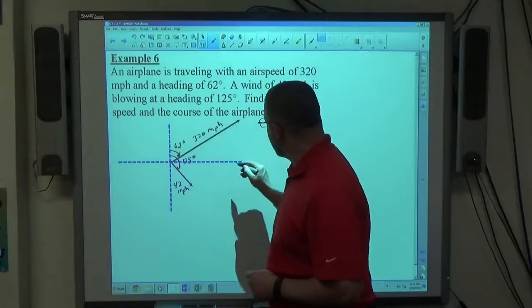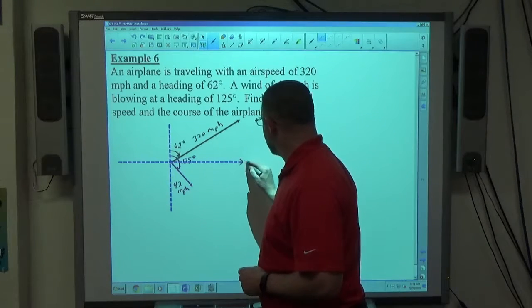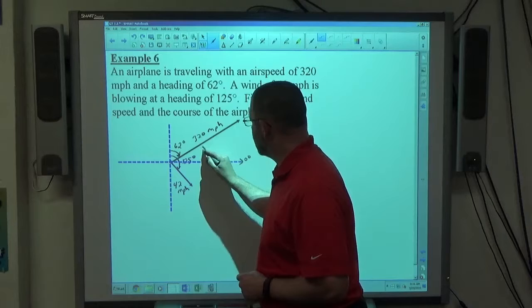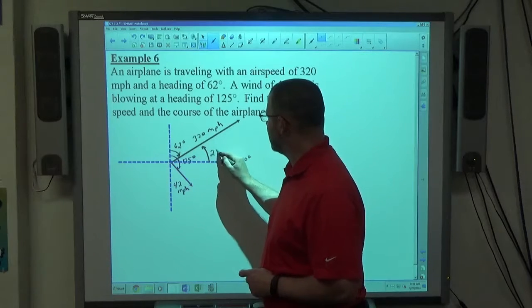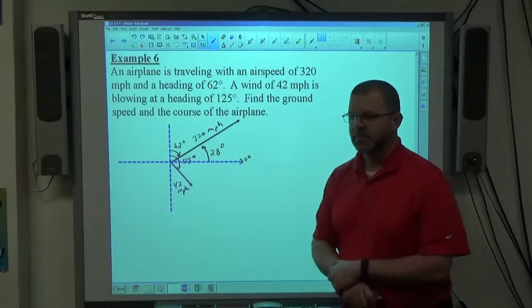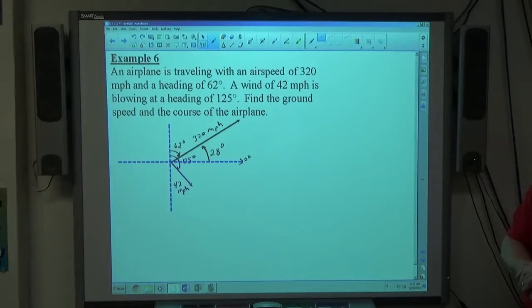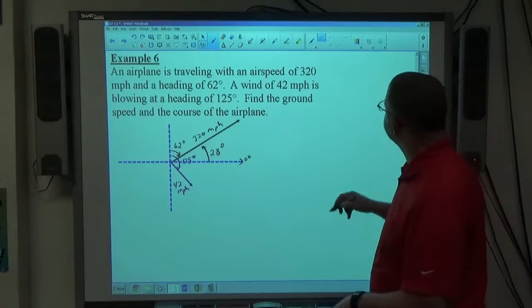So if I'm looking at this one, this is 0 degrees here, and we're going this direction to get to my vector. If that's 62, this is going to be 28 degrees. I'm feeling like that's not drawn very well to scale, but we can live with that, I think.